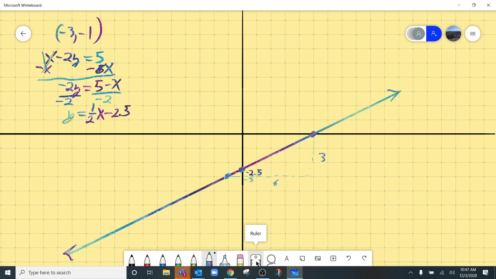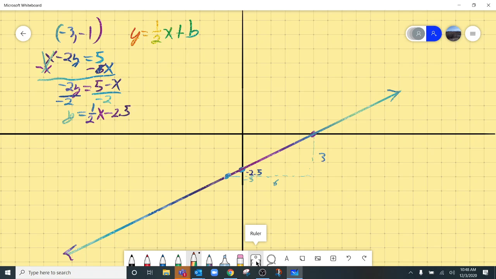Okay, so we're going to set that up. y equals, let's use a different color, y equals 1/2 x plus b, passes through the point -3, -1.